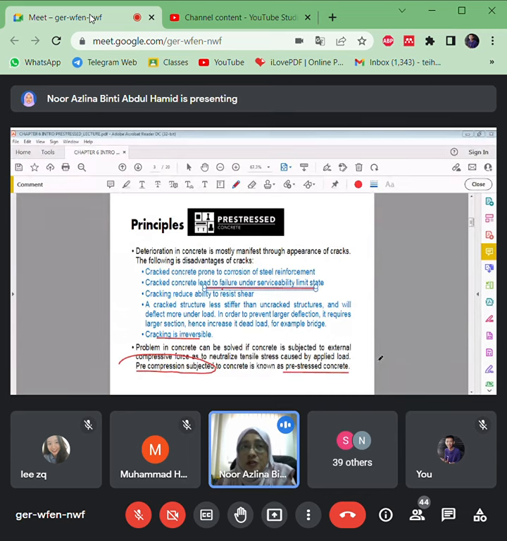That means we induce compression regions in the concrete, because concrete is good in compression. In simple words, we want to reduce the tension area and make it a compression area, so that the whole structure can resist the load.